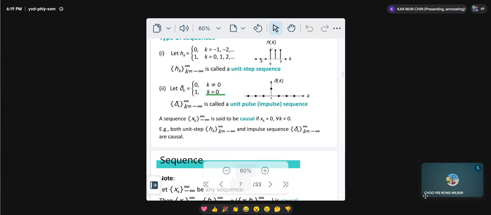This type of sequence is written in lambda, and we call it the unit pulse sequence. It's only one pulse.